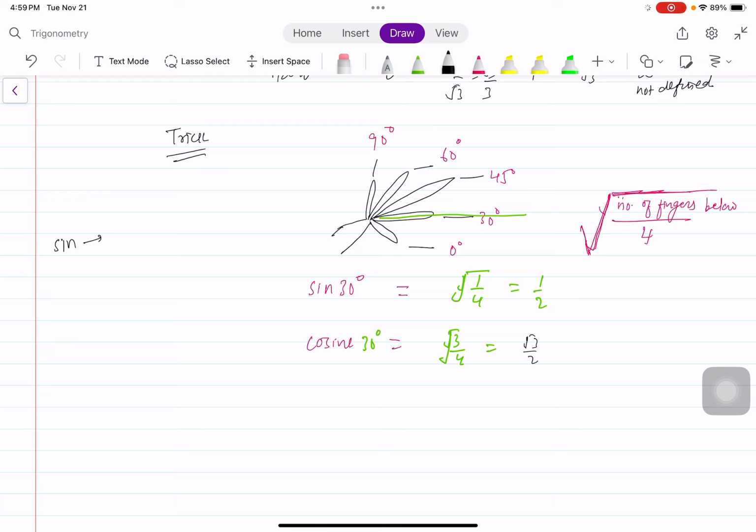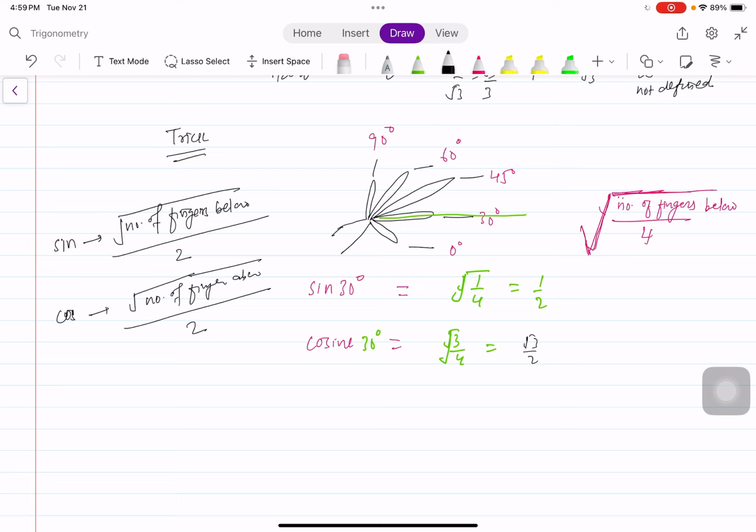For sine, square root of the number of fingers below, whole over 2, and for cosine you can write square root of the number of fingers above, divided by 2. So these are two things you can use to remember these values.